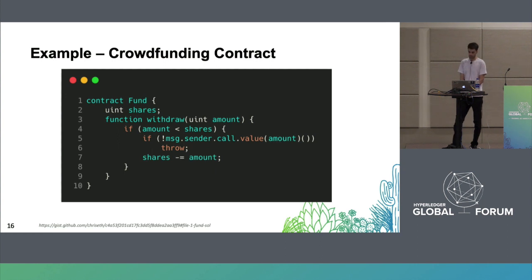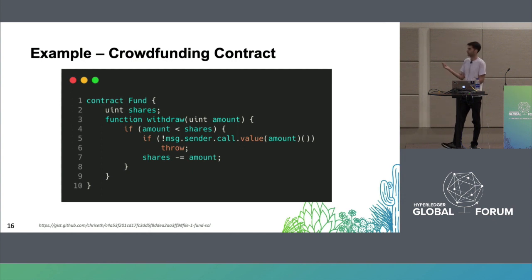So here I have a simple Solidity contract. It's just a crowdfunding example to illustrate how formal verification could prevent reentry attacks. And a reentry attack is the technical term for the attack that was actually used for the DAO attack. So this function here is pretty simple. You can see on line 2, it's a crowdfunding thing that has some amount of shares, and those shares can be contributed by multiple users.